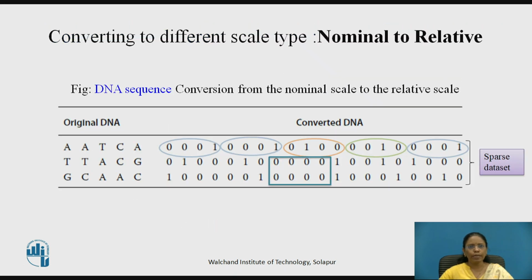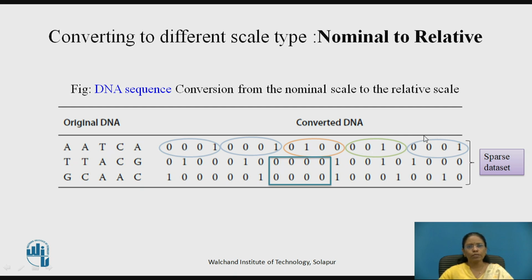in the next slide. Here you can see this is a DNA sequence. The DNA sequence is AATCA. So A is represented as 0001, T is represented as 0100, C is represented as 0010, and again lastly A means 0001. This way we can represent the DNA sequence.